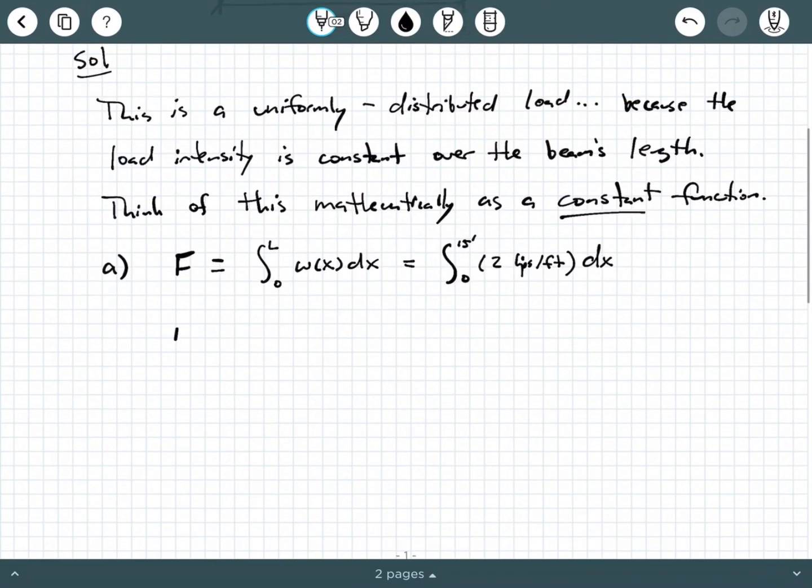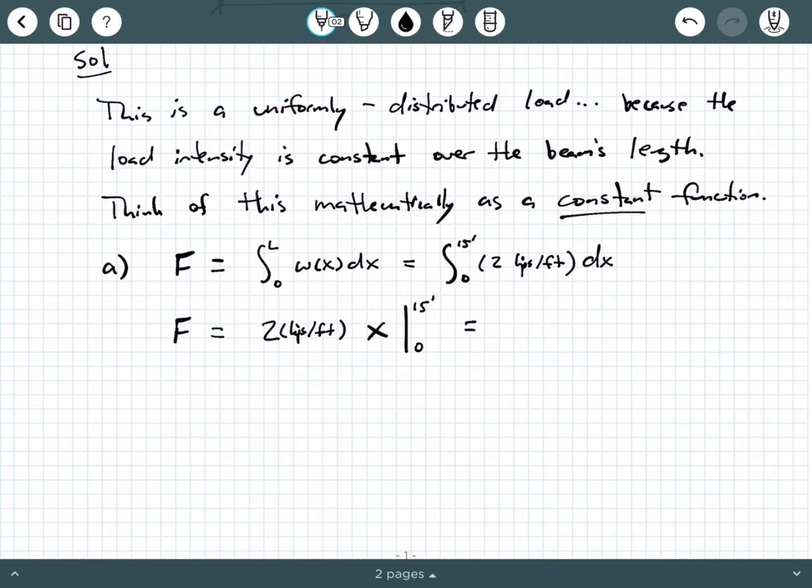When you take this integral, again, it's an integral of a constant. That's it. So we would say 2x, or you could keep the 2 kips per foot times x, evaluated from 0 to 15 feet.